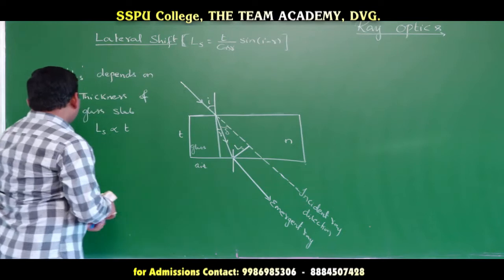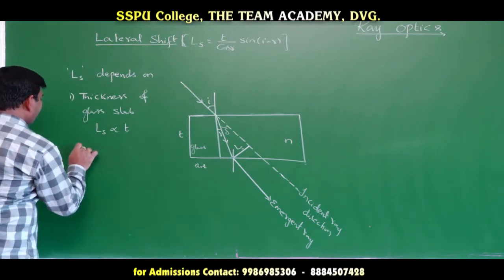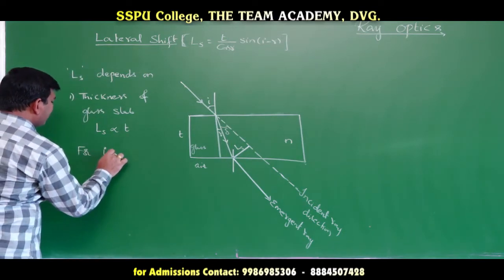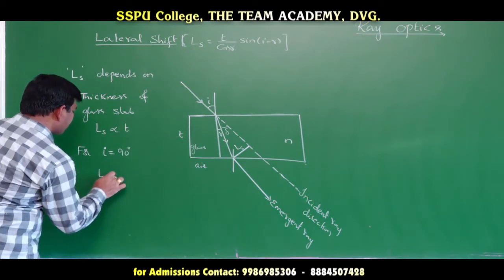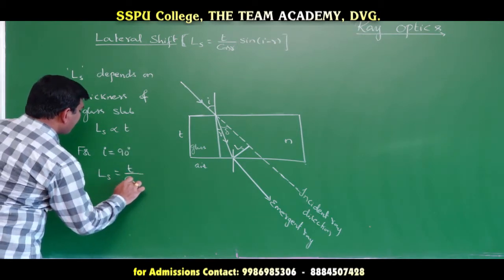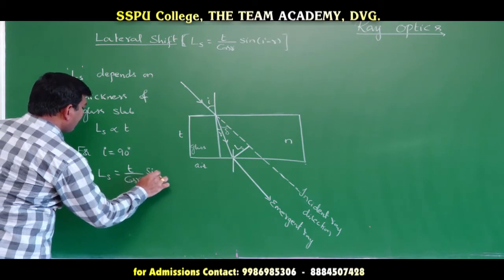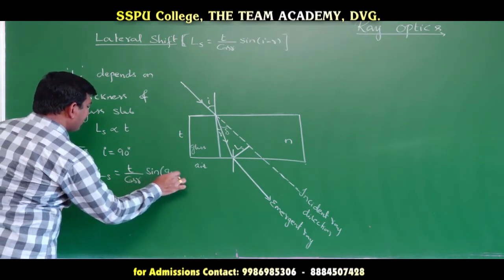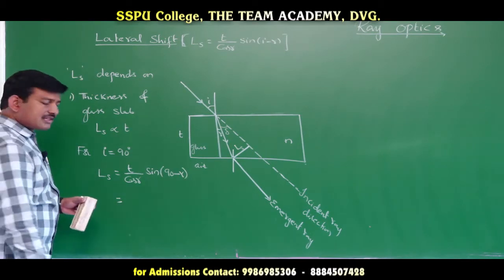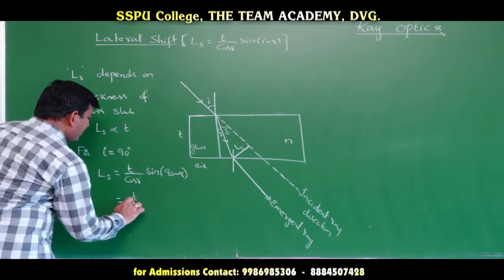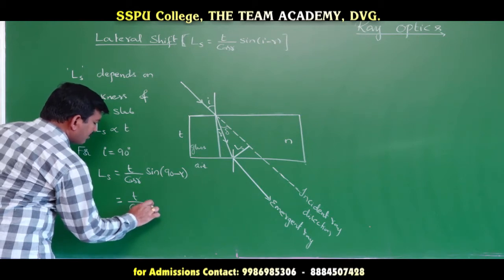Then Ls = T / cos r × sin(90 - r). Sin(90 - r) is nothing but cos r. Therefore, Ls = T / cos r × cos r.